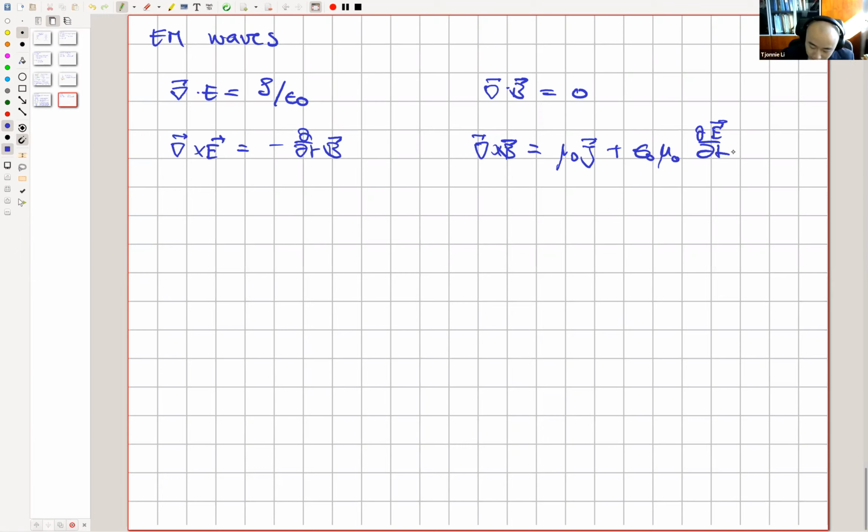Okay. But we can actually combine these equations together, and what we'll see is that remarkably we end up with the concept of waves.